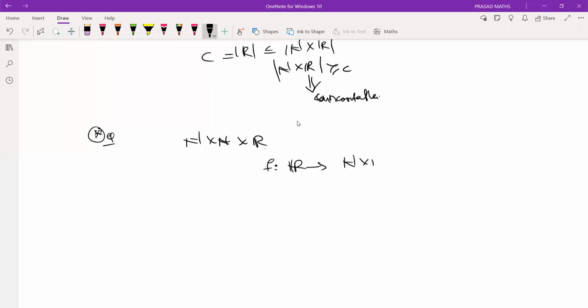Uncountable. You can take a function like this. This is the method you follow, right? Is it 1-1? Yes, right? Sir, 1-1 function. Therefore, automatically the cardinality of this is bigger than or equal to the cardinality of this. Therefore, this is C. Therefore, this is uncountable.